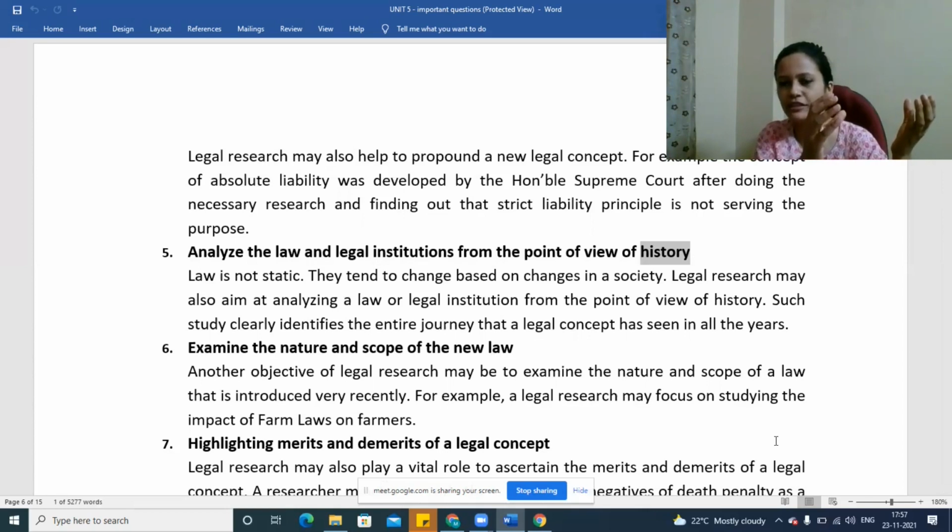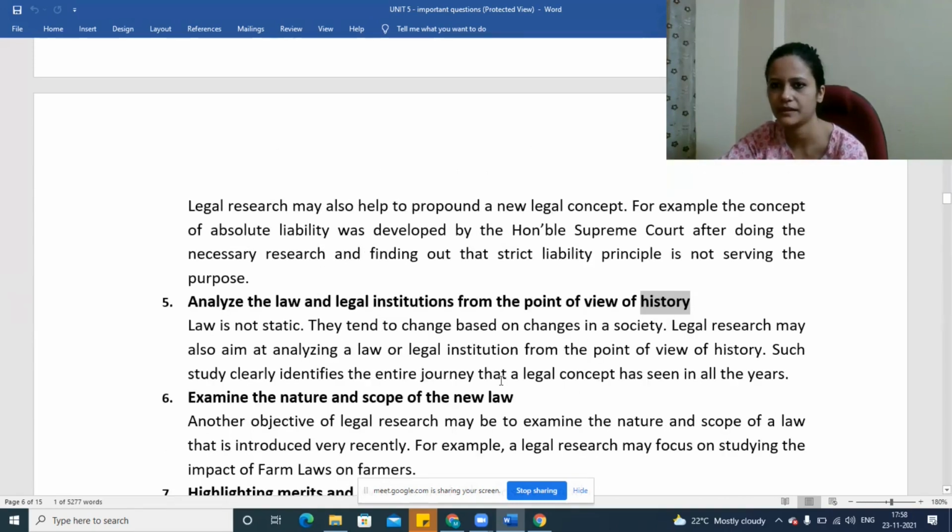After that, the first case, second, third, fourth, fifth, the basic structure doctrine came, additions were made. All that is history. So you can do legal research with the objective of understanding the history of a certain provision of law.